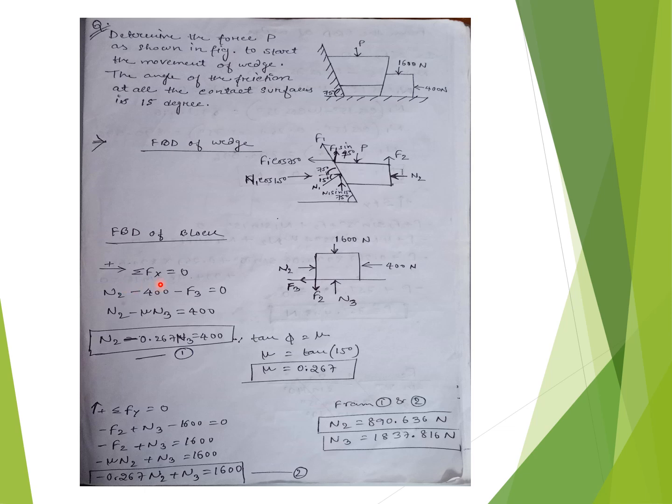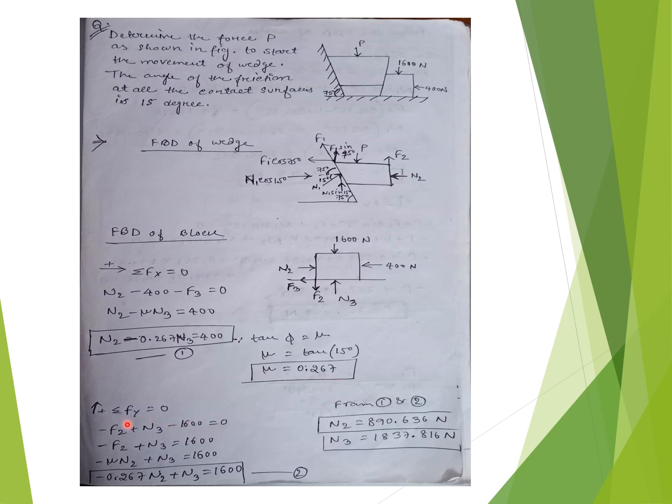Now taking the horizontal components of all the forces, we find that N2 minus 0.267 N3 equal to 400. As we already know, tan phi equal to mu, mu equal to tan 15 degree. We already know the value of phi is 15 degree. So we got the value of mu as 0.267.